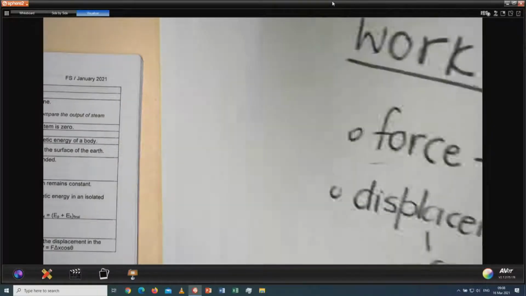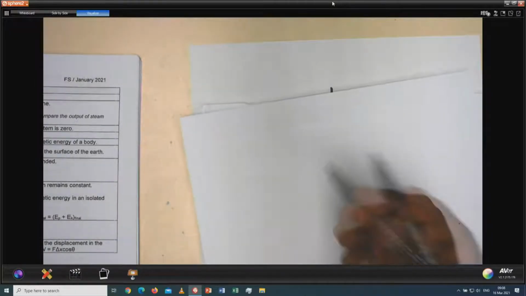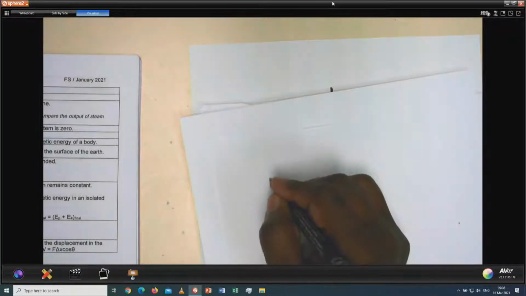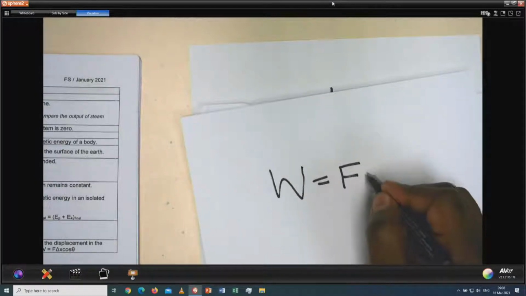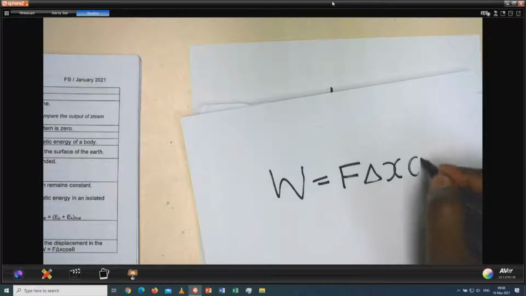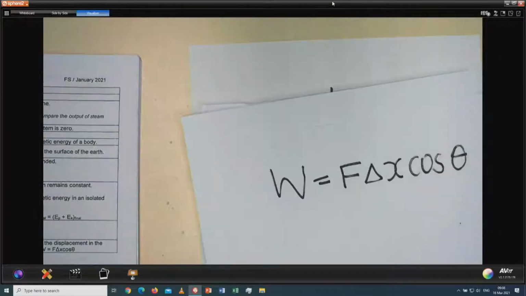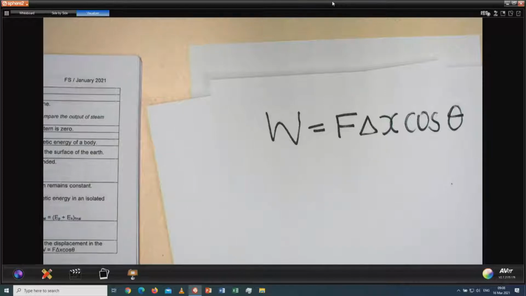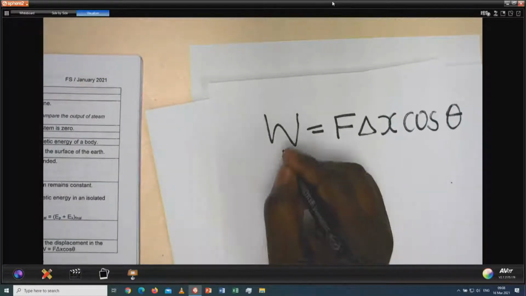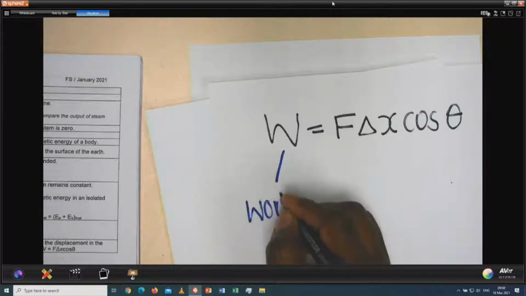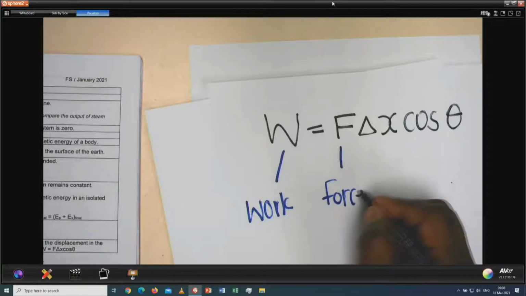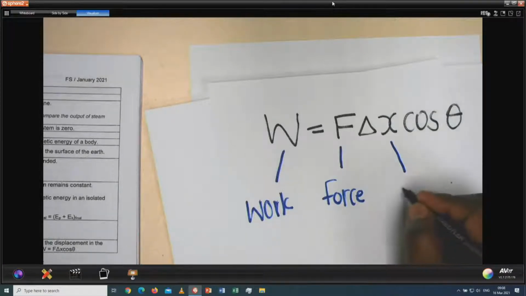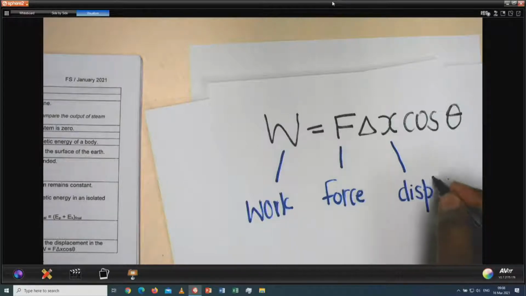So from that definition, we have this formula for work. We say work is equal to F delta X cos theta. From this formula, W is the work, F is the force, and X is the displacement.